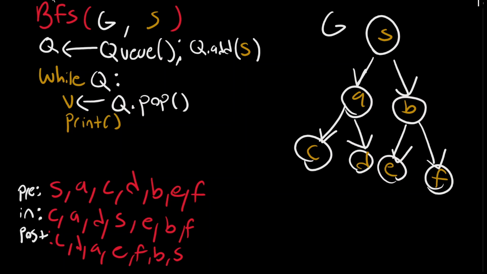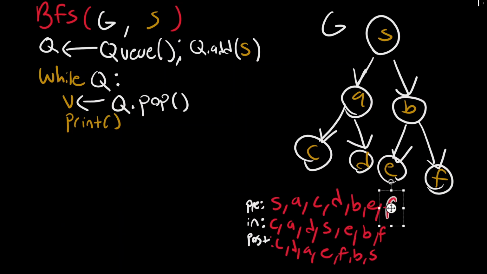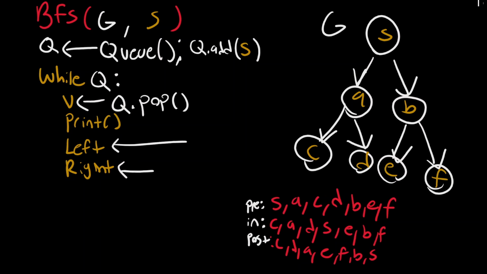I'm going to need some more space here. So now we're going to need our left. First we're going to need the left. Then we're going to need the right. So we're just going to access the left and right again. So we're going to do it breadth-wise.